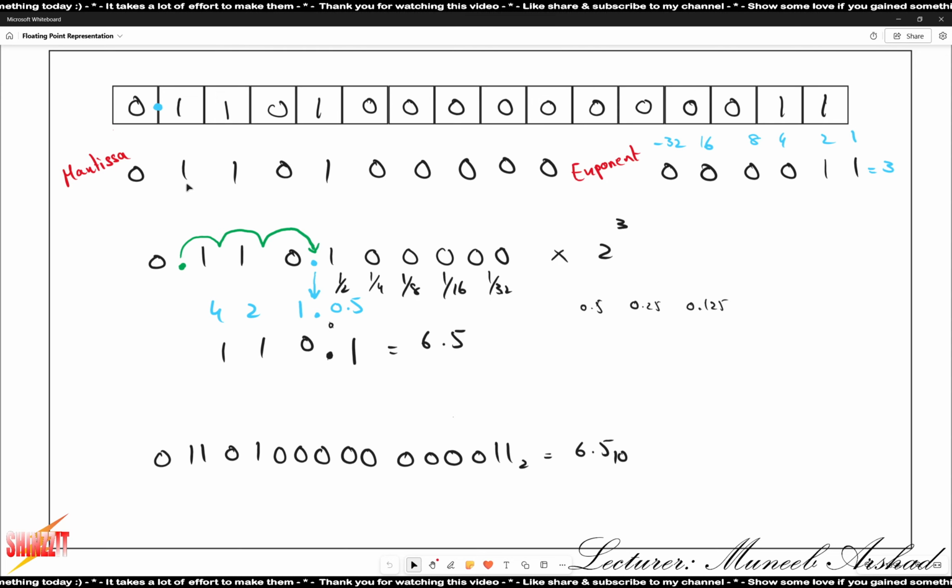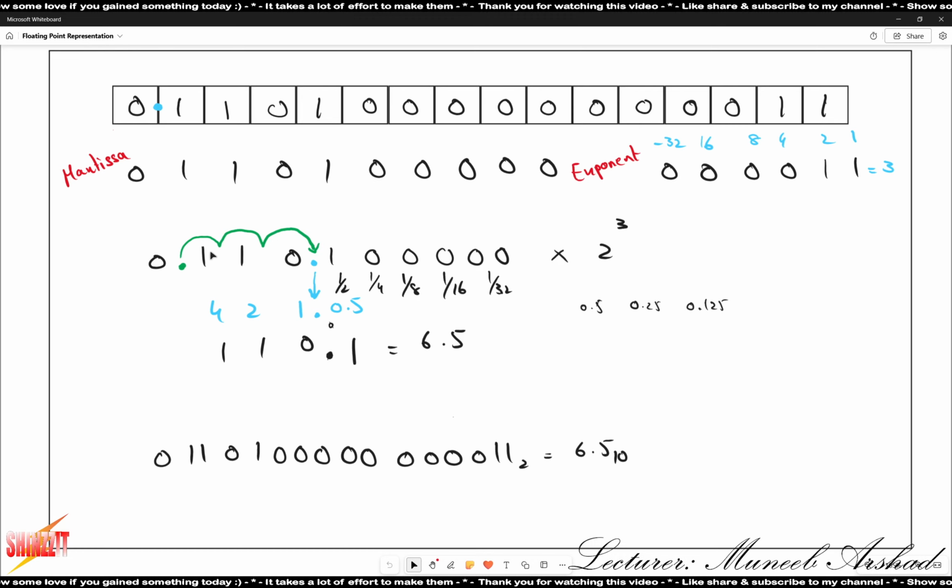Which actually means that this mantissa, this is actually representing the mantissa. So this number is actually into 2 raised to power 3. You remember the imaginary binary point which is at this point very next to the sign bit. The exponent is 3. That means that the binary point is going to shift to the right hand side 3 places.